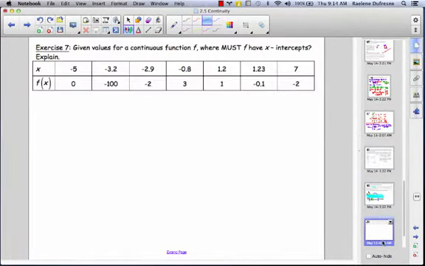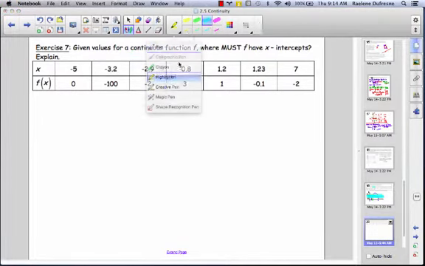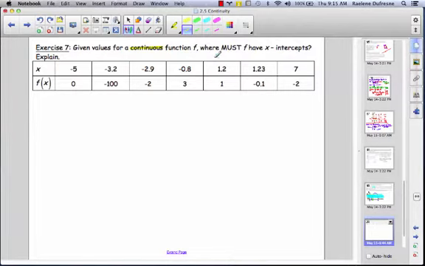All right. Here's an exercise. Given a table of values for a continuous function, f of x, and it's key here that the function is continuous, where must the function have x-intercepts? Well, recall that x-intercepts are values of x that make y 0.